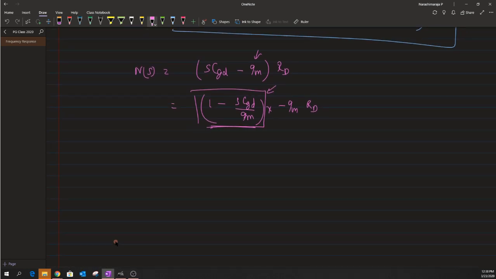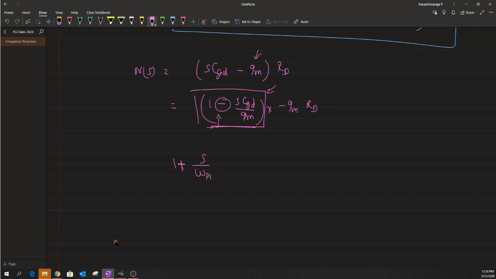But there is something fishy about this zero term. Whenever we write the pole, we always had something like omega p1 or whatever it is. Any pole always had a plus sign associated with it. But when I look here, this particular zero has a negative sign attached to it.